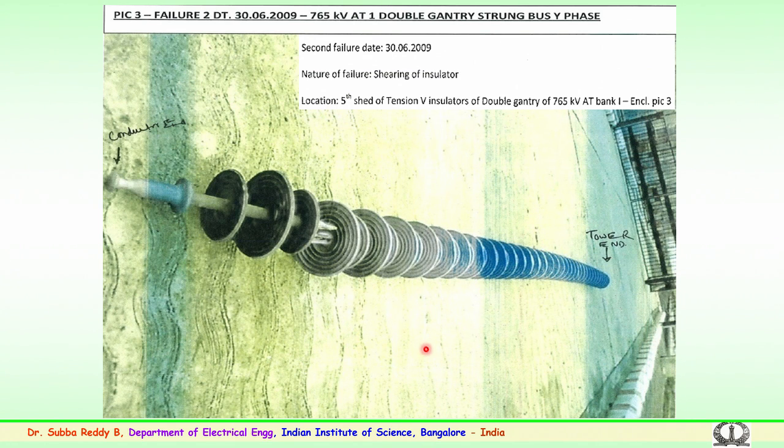With polymer insulators, a lot of things have been happening, and with these studies of failures, people have improved their performance, newer technologies are being used, and new methods, particularly on the manufacturing side, are being adopted to see that such failures would not happen, and that the long period of performance must be reliable. That is one of the important aspects with this type of insulator.